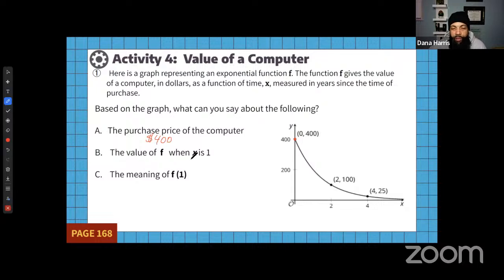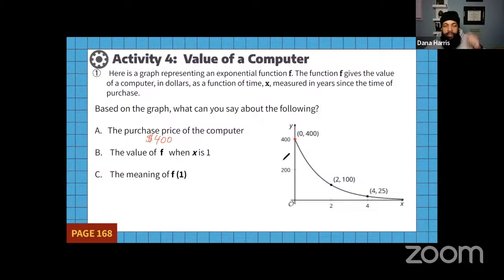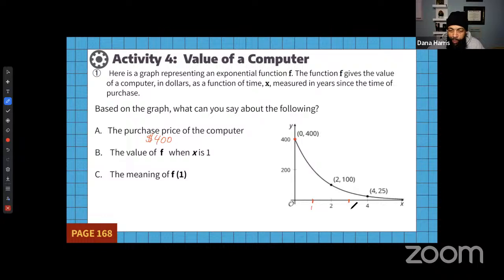The value of f when x equals 1. Now, this is interesting because there's a pattern. You may not see it. Notice there's an x value of 1 that's missing and an x value of 3 that's missing. So this would be 1, this would be 3. Now, we could simply estimate and see right here that that's roughly $200, based upon where they meet.